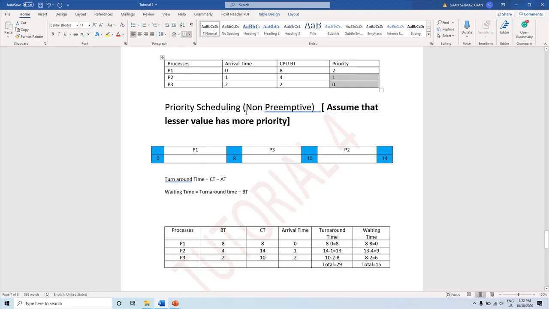Because this is a non-preemptive algorithm, a process is allowed to finish its execution. So as far as non-preemptive priority scheduling is concerned, P1 finishes at 8 milliseconds. So now you can see at 8 milliseconds P1 has finished its work.